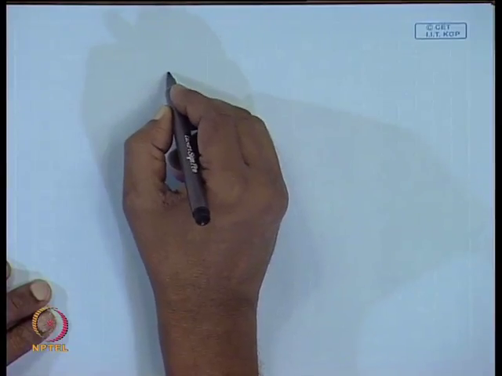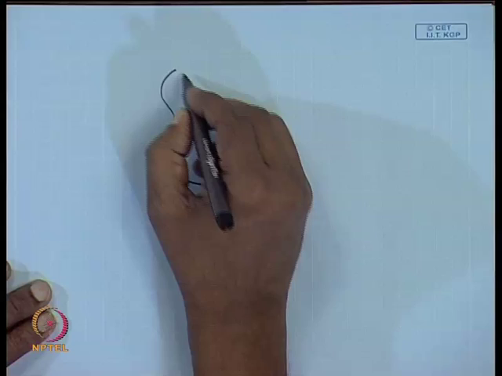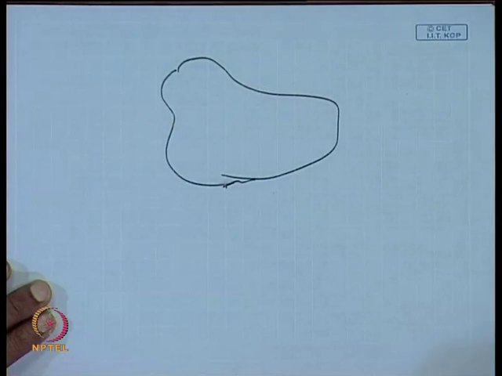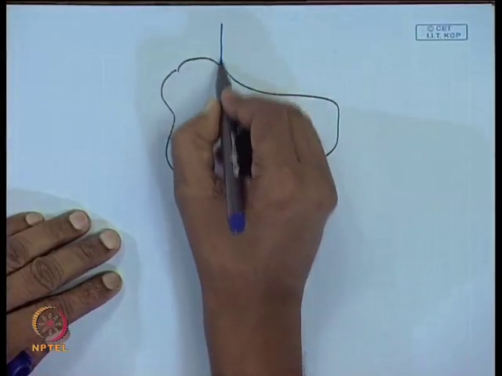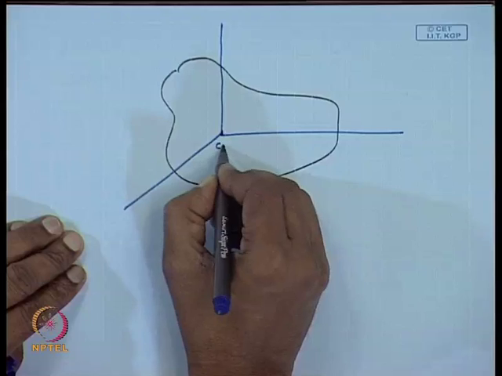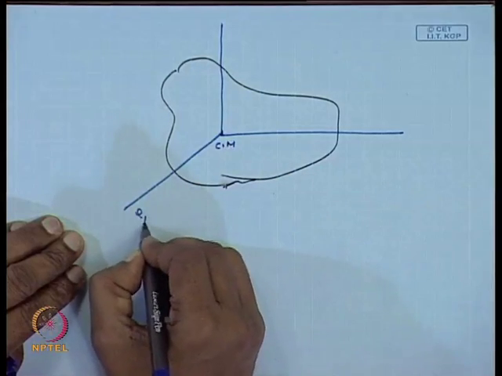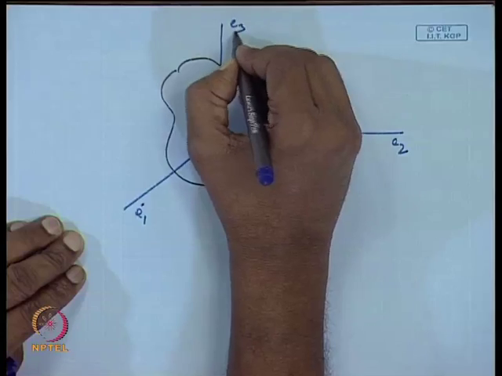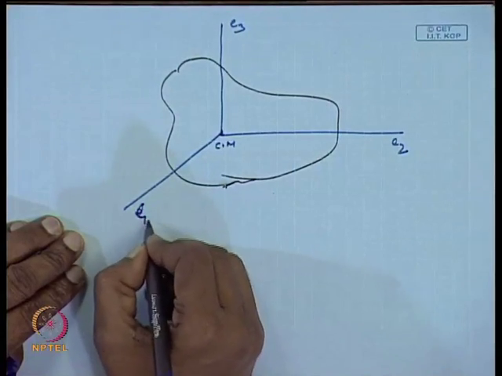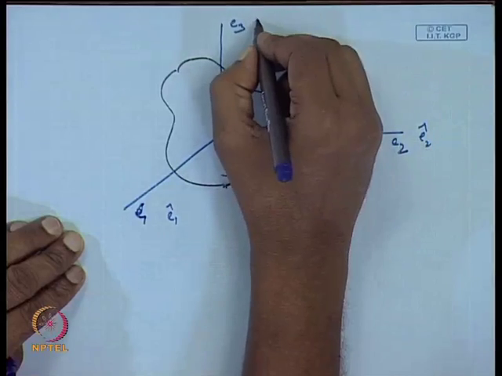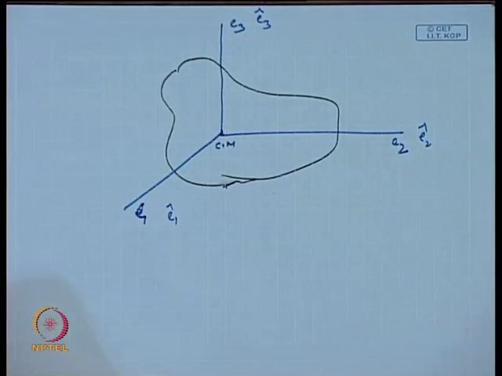You can consider it in a way, say this is your body in which you have set a body axis at the center of mass, where you are showing the E 1, E 2 and E 3 axes, and the unit vectors in these directions are E 1 cap, E 2 cap and E 3 cap.